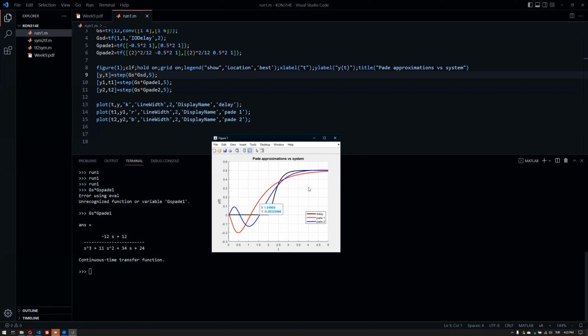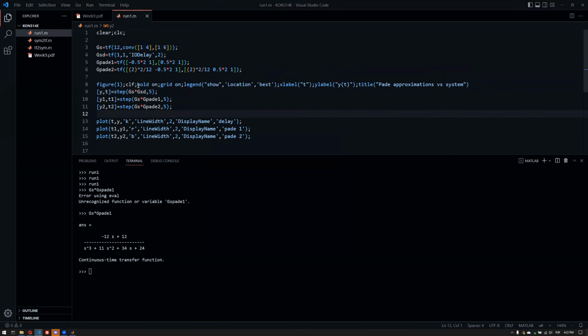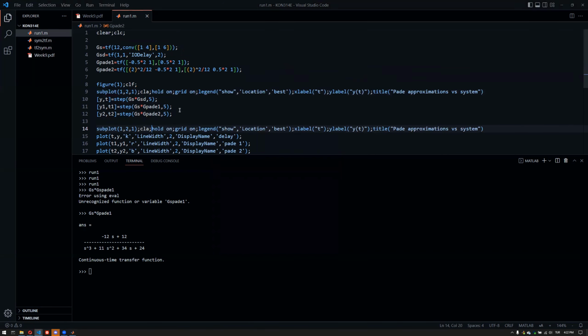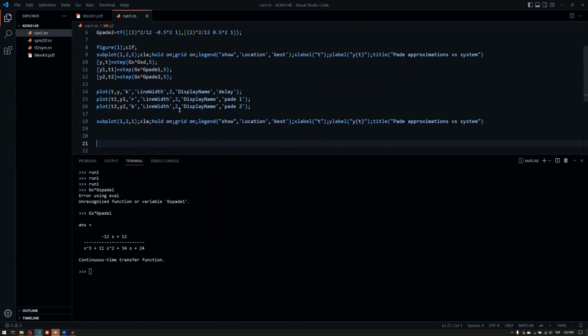And if we increase the order of the Padé approximation, then things get even clearer. Before I do that, I'm going to also show you the pole zero map side by side. So what we can do is just go ahead and use subplot here, clear the axes, and then also have some pole zero maps.